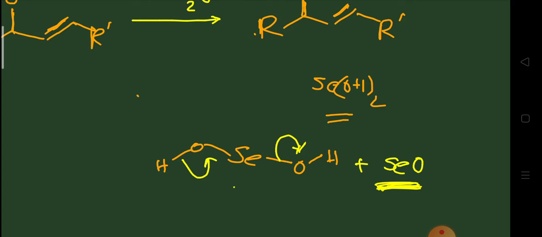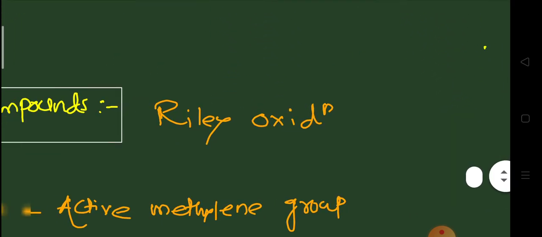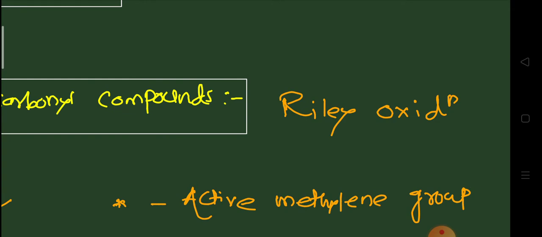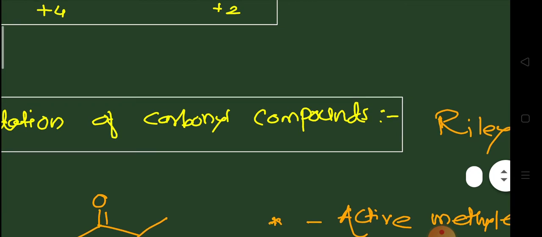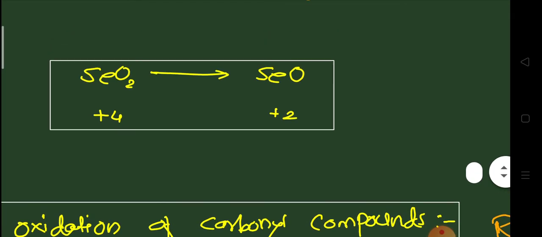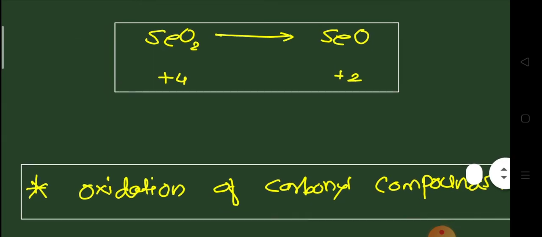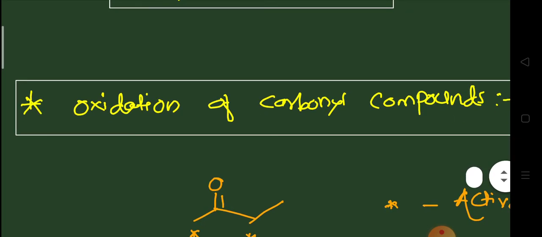Previously it was in the +4 oxidation state, now it becomes +2. So this is called the oxidation of active methylene functions to the alcohol. So the reactant SeO2 is in the +4 oxidation state, and the byproduct is in +2.